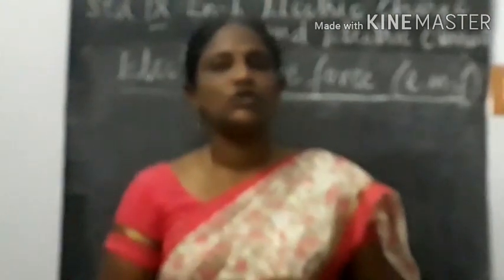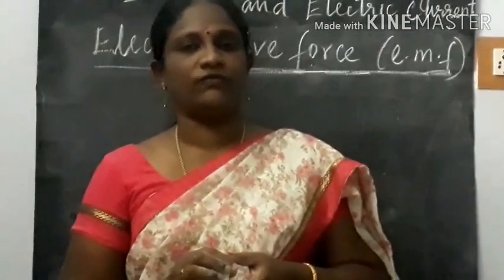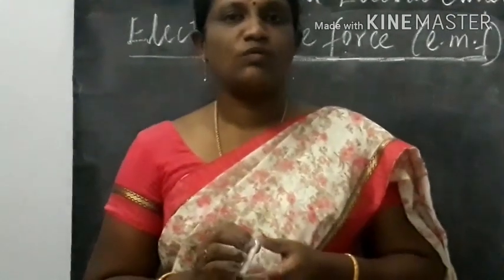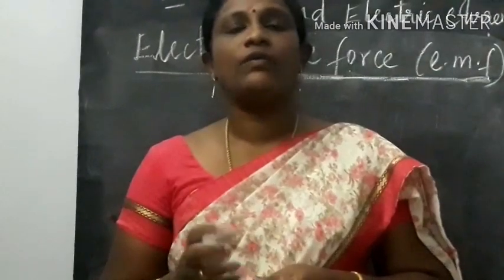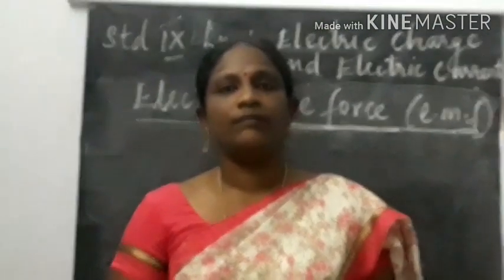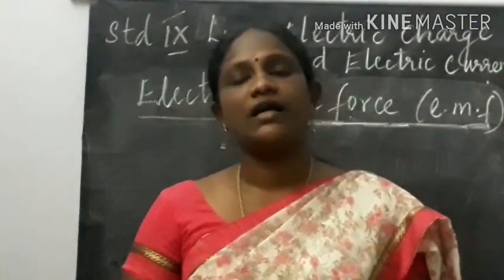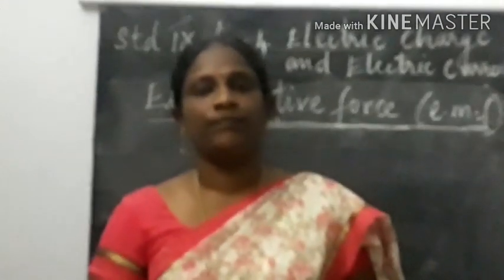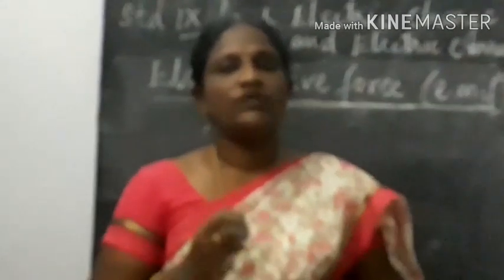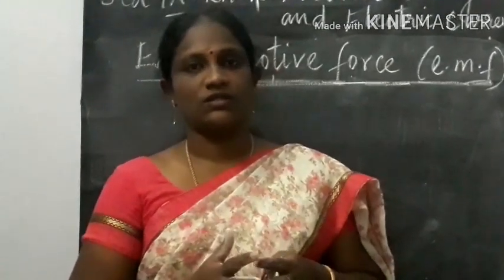Let us learn electromotive force or EMF. What is electromotive force? Now imagine when we push a car, the car moves. So here the muscular energy is converted into kinetic energy. Similarly, if we take a copper wire, the copper wire is full of electrons.